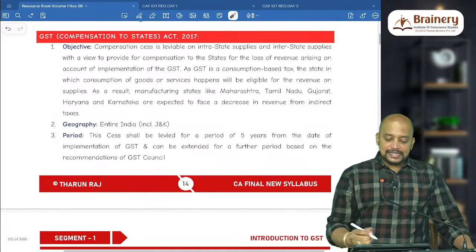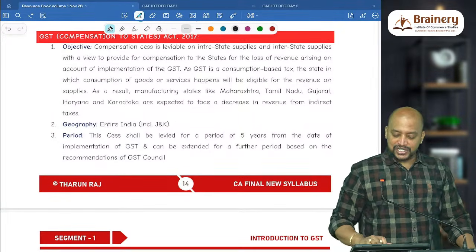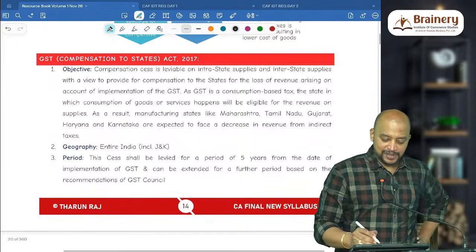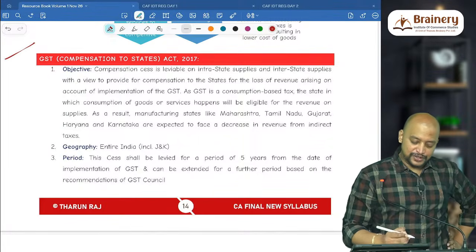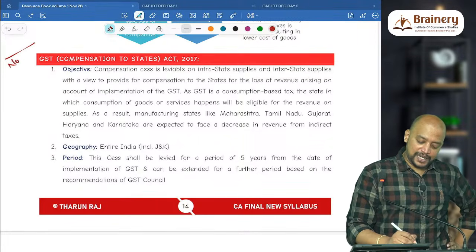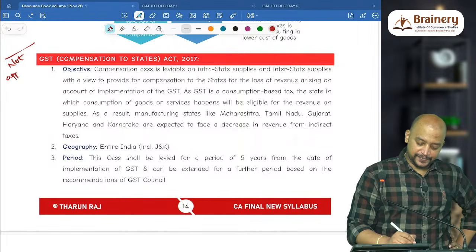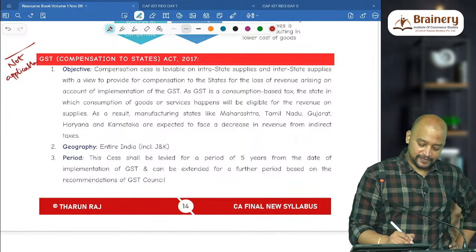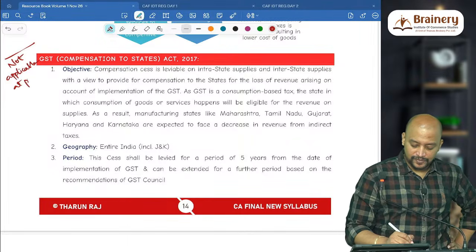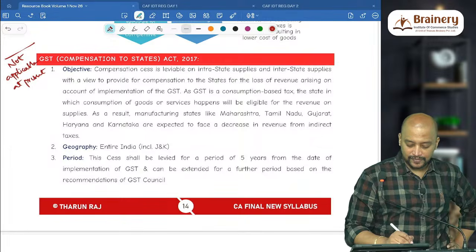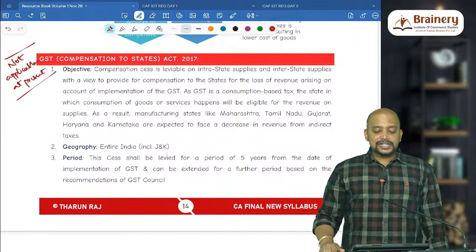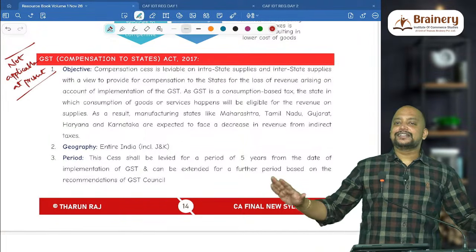Then this GST compensation cess, like that one concept is there. So you just write there, not applicable at present. Actually, GST compensation cess is rest in peace.